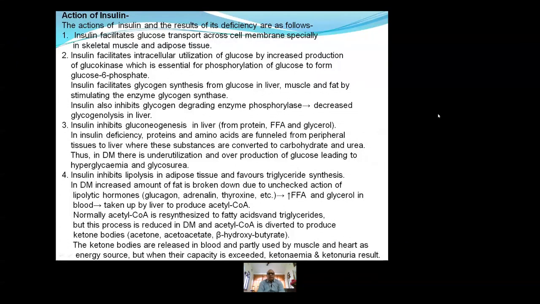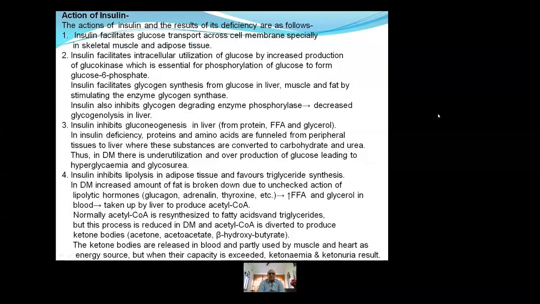Insulin also inhibits the glycogen degrading enzyme phosphorylase, so there is decreased glycogenolysis in the liver. Third, insulin inhibits gluconeogenesis in the liver from protein, free fatty acids, and glycerol.